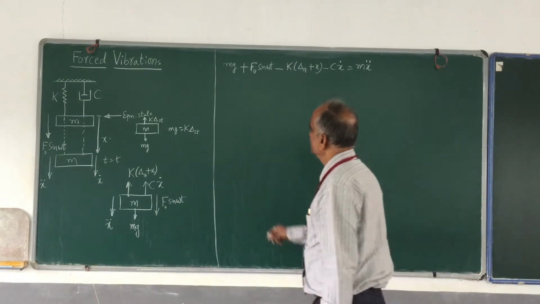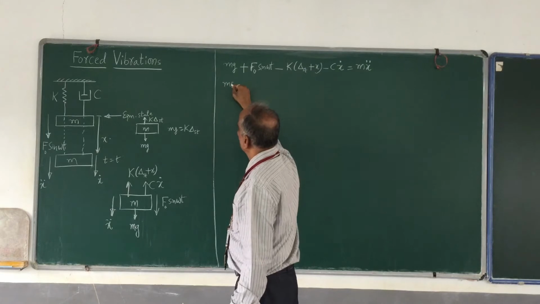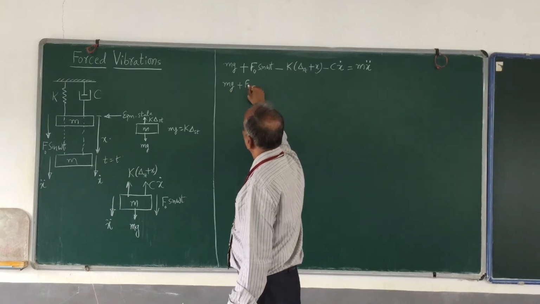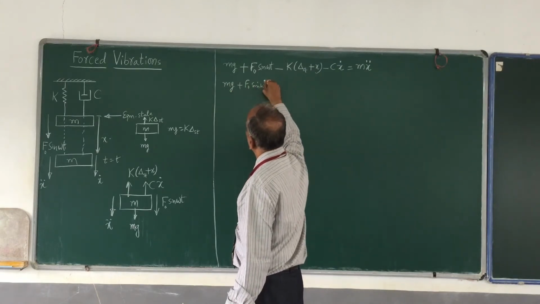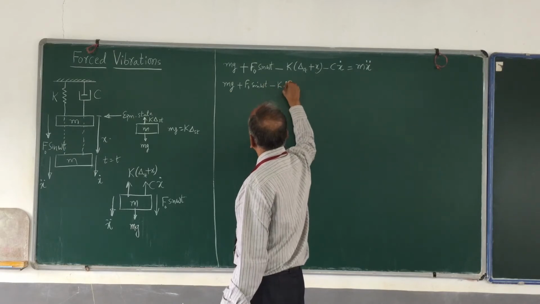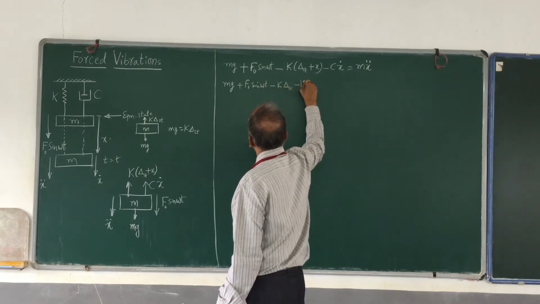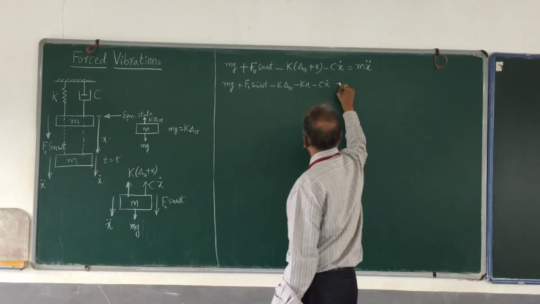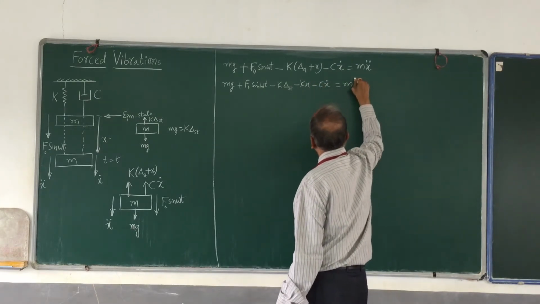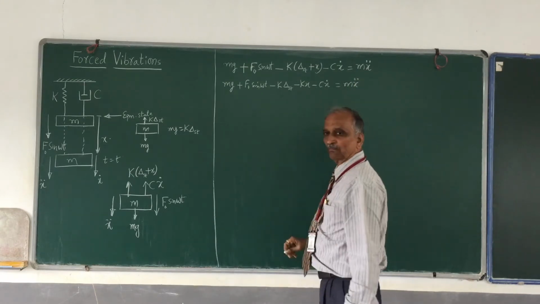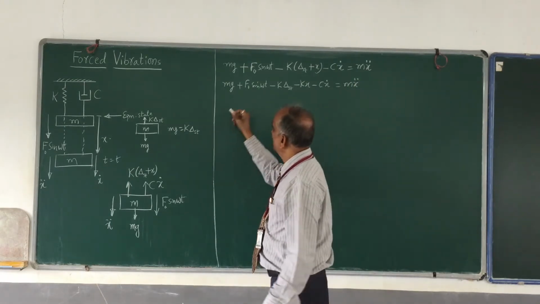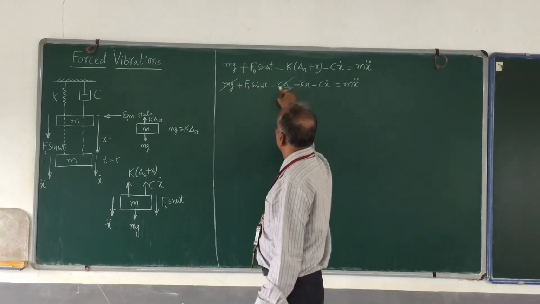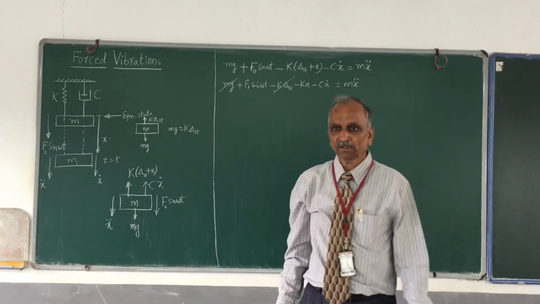Please remember, we are not applying the equilibrium condition, we are applying Newton's second law. So please simplify this. This is mg plus f naught sine of omega t minus k into delta st minus k into x minus c into x dot t is equal to m x double dot. I have already shown that mg and k delta st are one and the same.